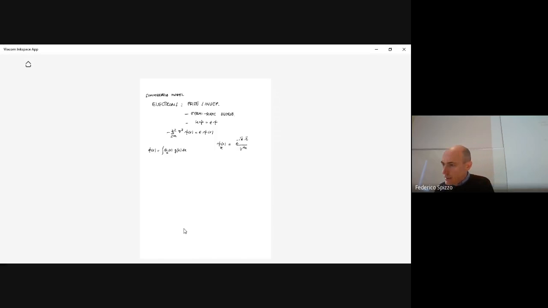So the momentum operator P is minus i h bar nabla, and if we apply P to a plane wave, what we find is that this is equal to h bar k.